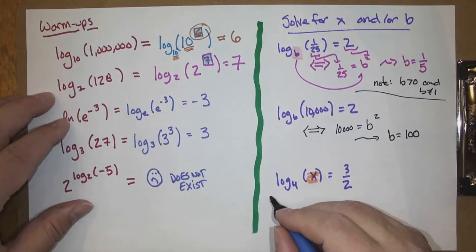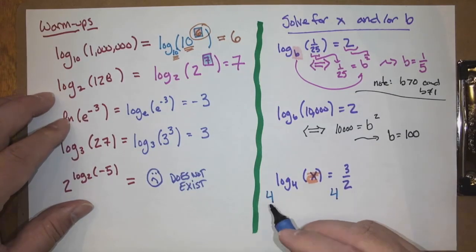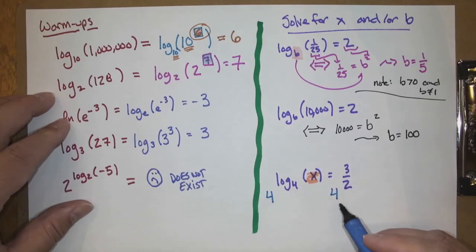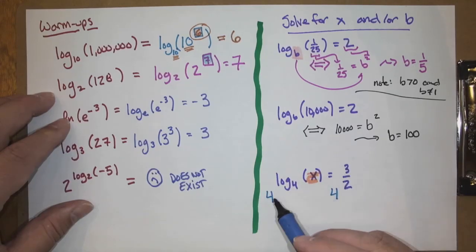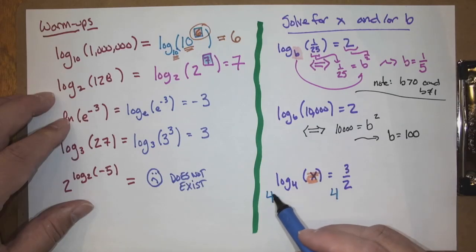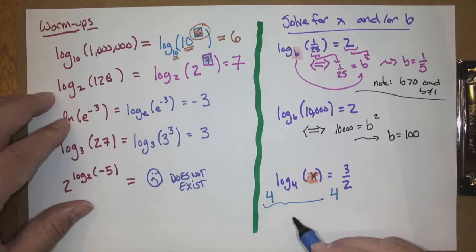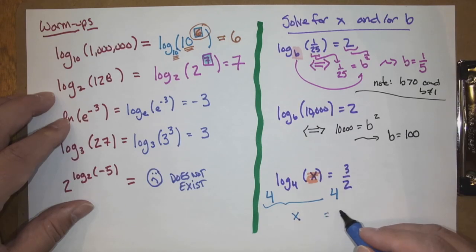So if I raise both sides, so I take 4 to the left-hand side equals 4 to the right-hand side, 4 to the log base 4 of x, a function and an inverse function together gives us x. They undo each other. Then we get our 4 to the power of 3/2.